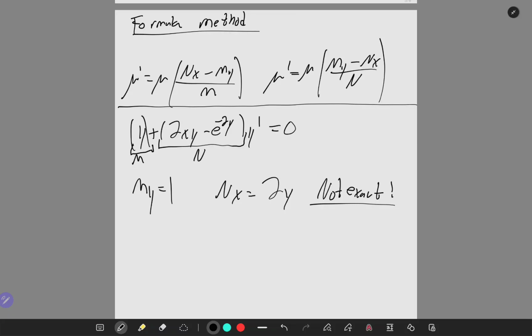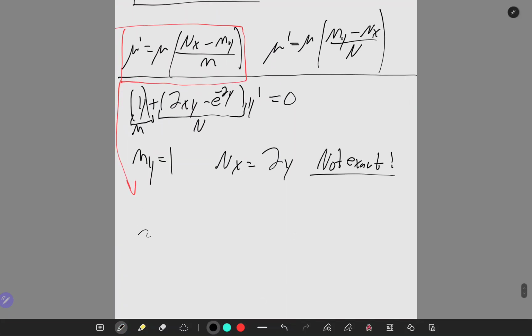So for this problem, this first one works because we can isolate them by having 2y minus 1 over y, right? We're left with just y. That isolated, in terms of y, it worked out very nicely.